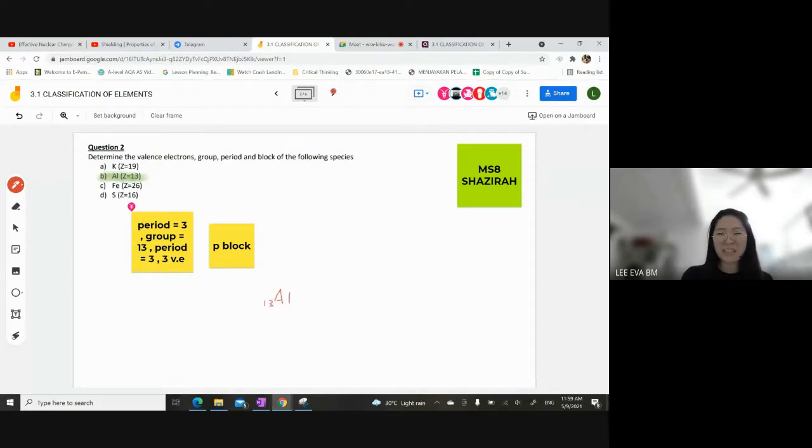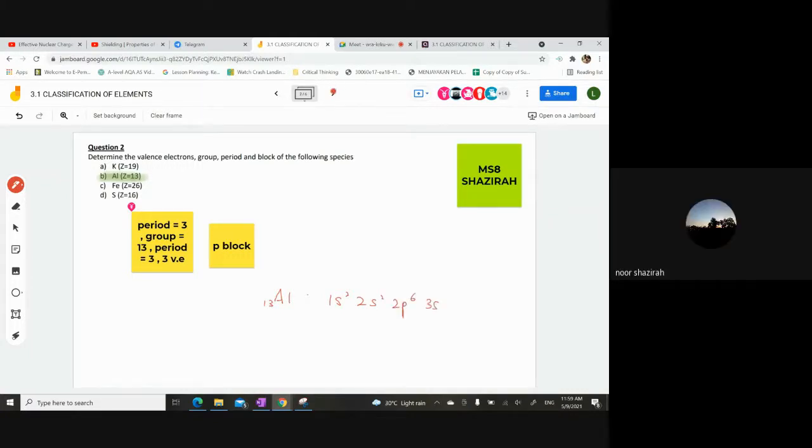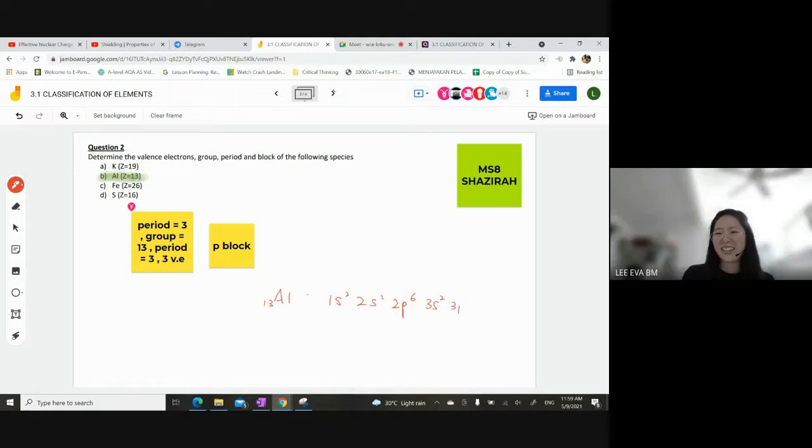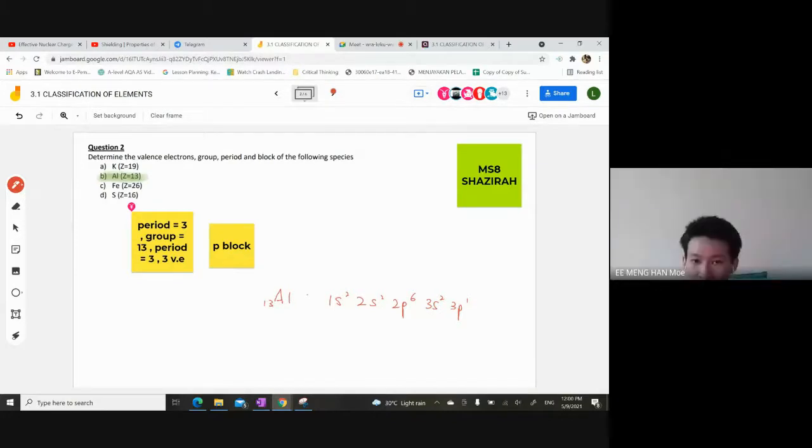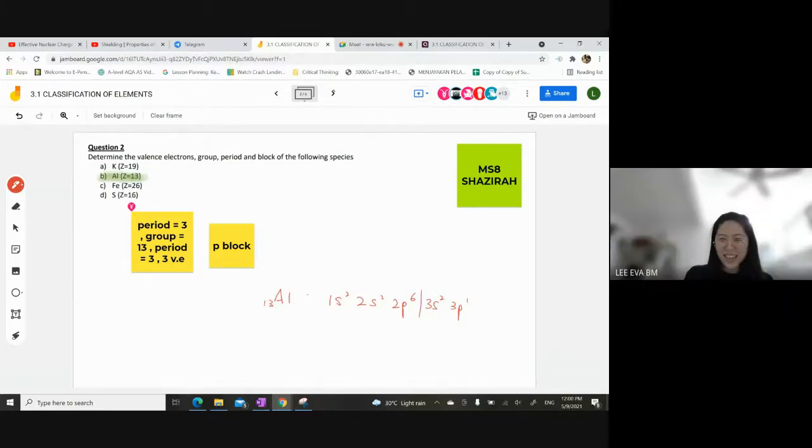Kalau aluminium 13 kan, 1s2, 2s2, 2p6, 3s2, 3p1. Okay. Valence electron berapa? Mana satu ialah awak punya valence electronic configuration? 3s2, 3p1.